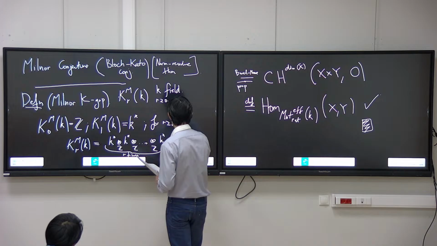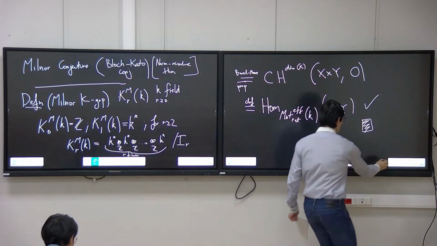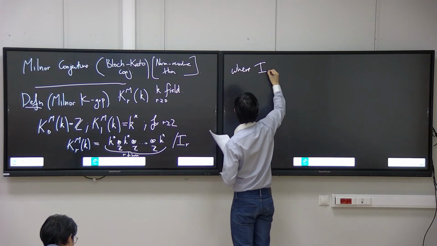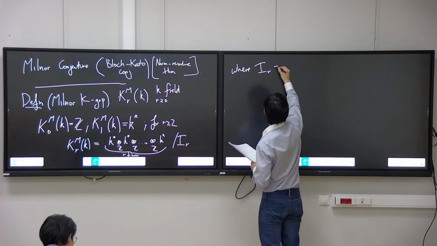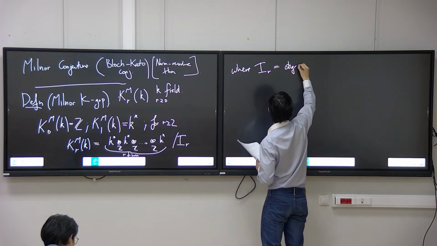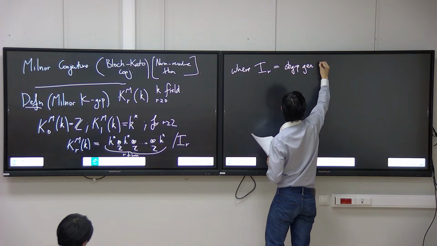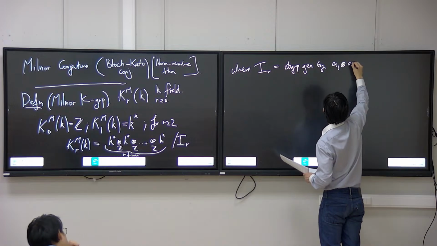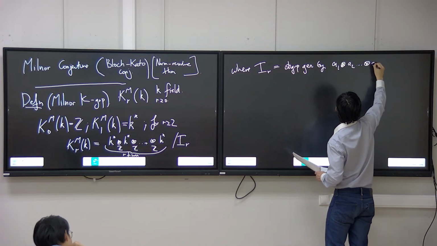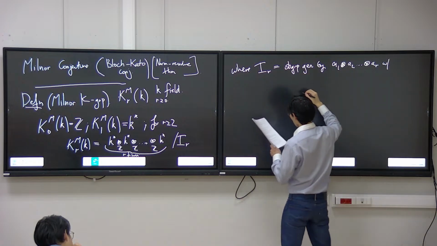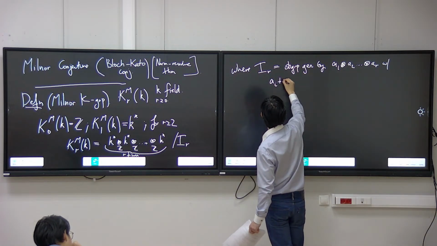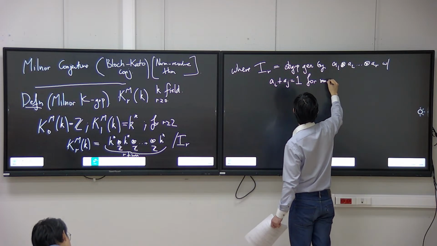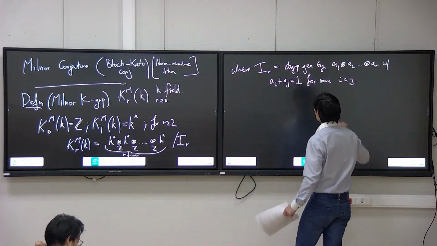and quotiented out by some ideal I_r, which I define now. I_r is the subgroup generated by a_1, a_2, ..., a_r with a_i plus a_j equal to 1 for some i less than j.